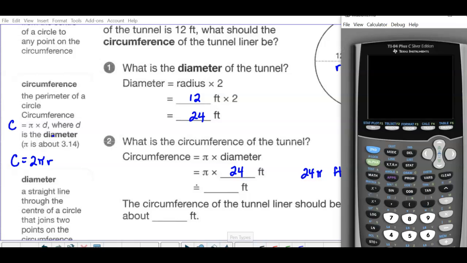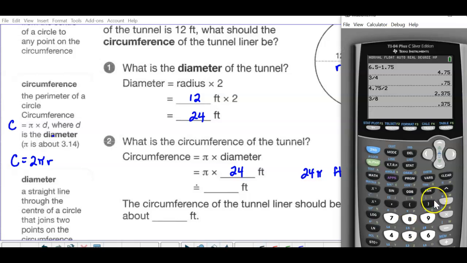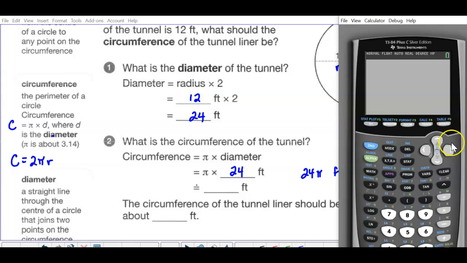You should have a scientific calculator, and you should have a pi button. On my calculator, it's actually not a button, I have to press the second key. If you have a TI calculator, you go second and the exponent key, and you should see the pi there.